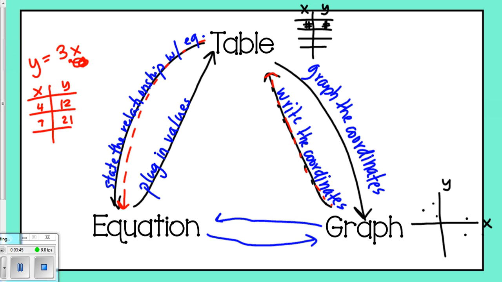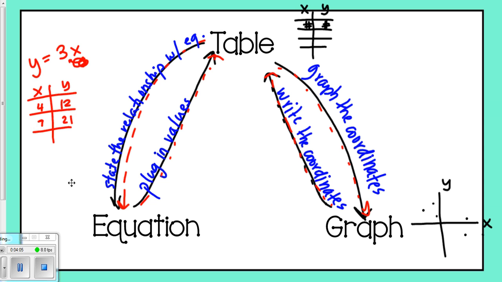Same way if you start with an equation, I would make a table by plugging in values, and then I would graph those points on a graph. So really, until a little later in the year, we're not really going to talk about going from an equation to a graph and a graph to an equation, but you need to be really solid on these other 4 methods that we just wrote down.